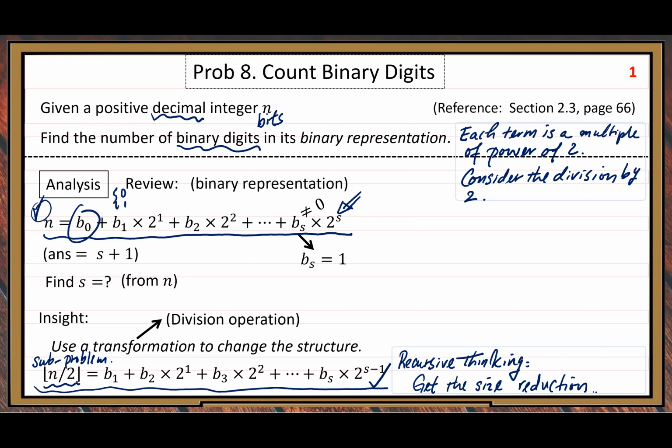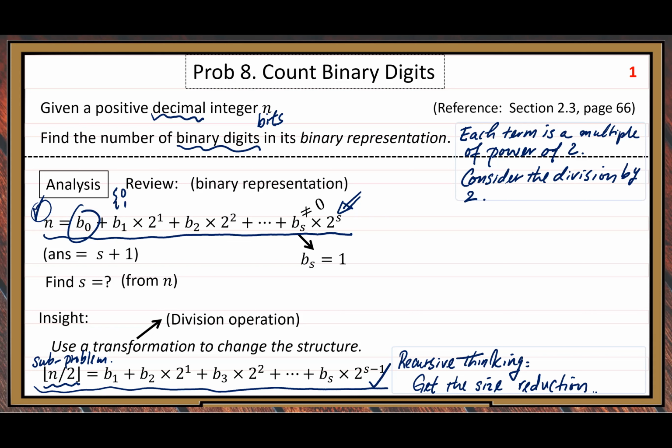And from the recursive thinking, when we can reduce the problem size, then we are very close to discovering the recurrence relation. Here we are very close to that.